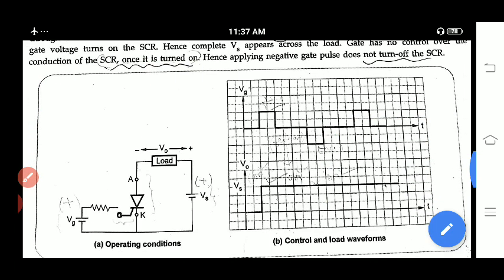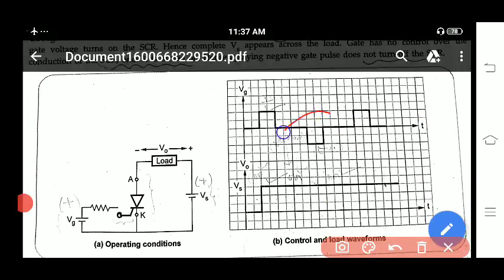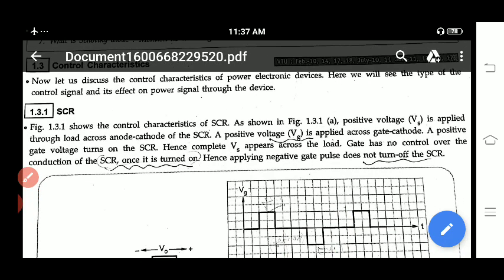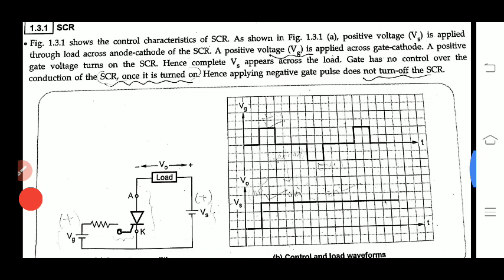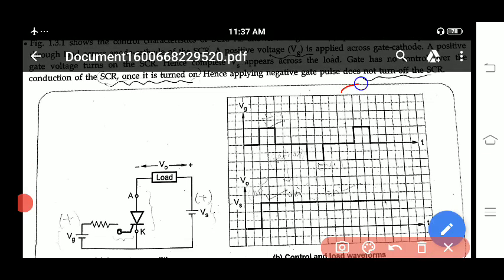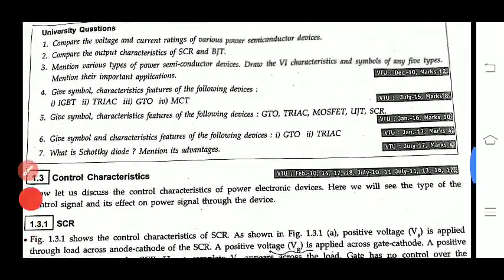Hence applying a negative gate pulse does not turn off the SCR. This is the control characteristic of this SCR.